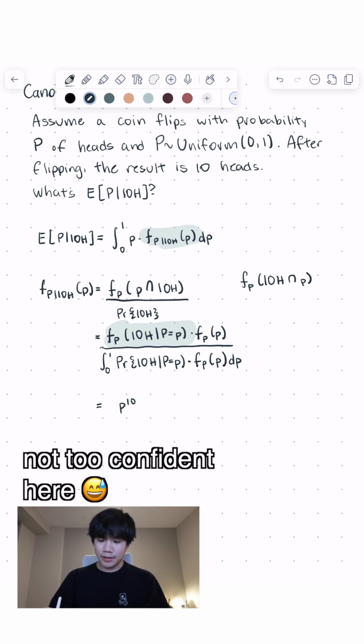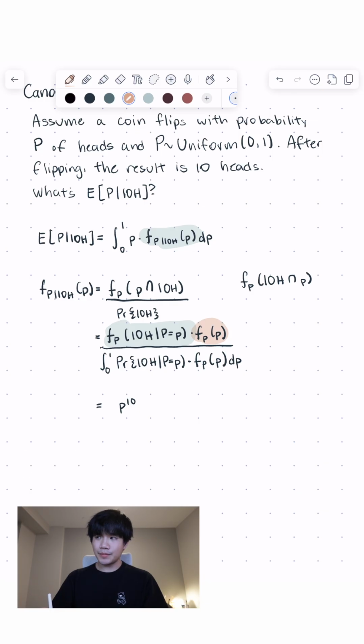And the probability density here, let me just highlight that, is the space that p can equal to p.